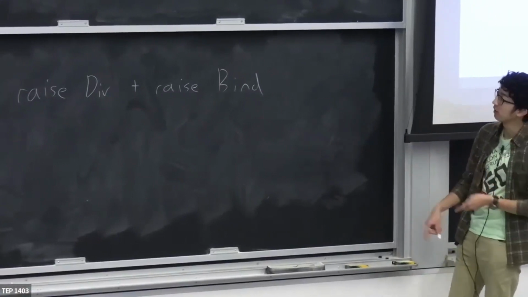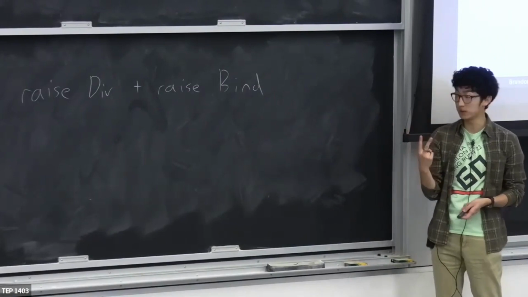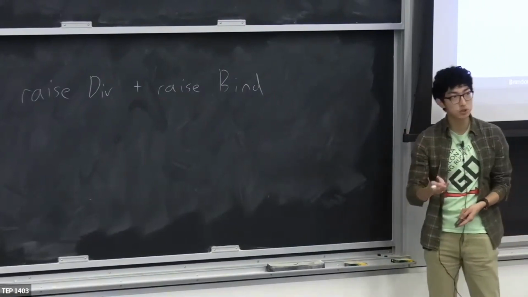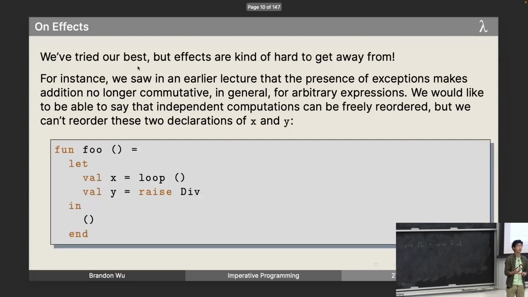But in the other permutation, Div is raised first. Two different exceptions, different extensional behavior. So addition, in the presence of exceptions, is not commutative. So we've already seen that effects can ruin our day when it comes to our code, so we haven't even gotten away from them purely.